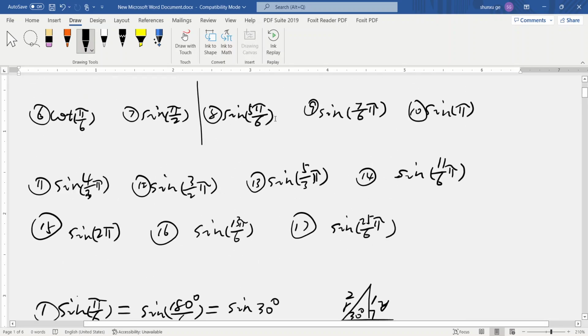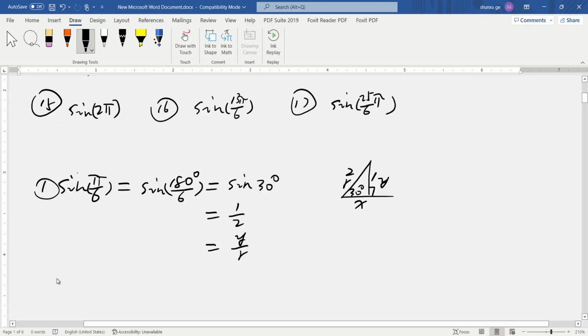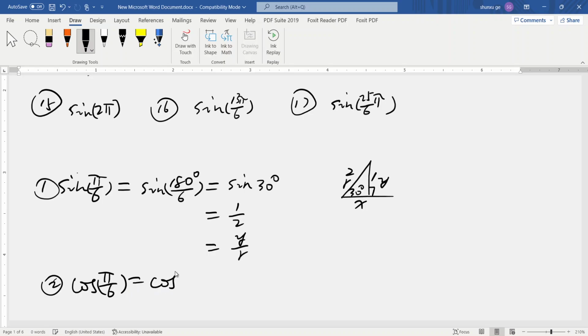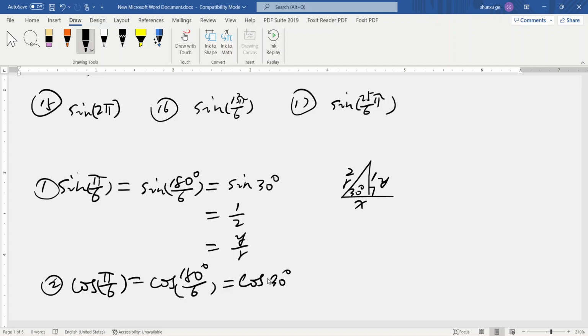So question 2, what's question 2? Cosine pi over 6. So it's cosine of 180 degrees divided by 6, so cosine 30 degrees. This x we can also calculate.